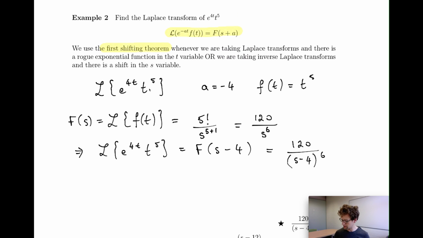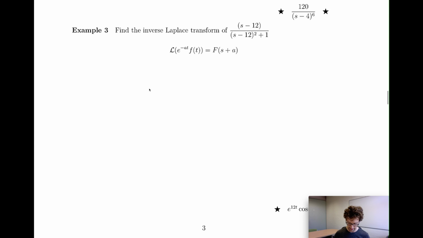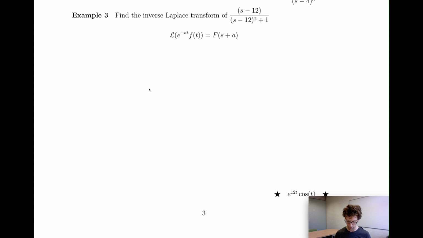Now we're going to use the same first shifting theorem, but in reverse. We're going to use it to calculate an inverse Laplace transform. We know that we need to do this because when we look at the function of s that we're trying to deal with, it's clear that everywhere in this function, s appears in the combination s minus 12.